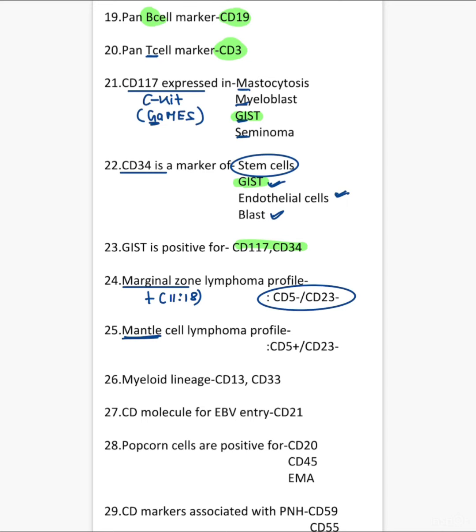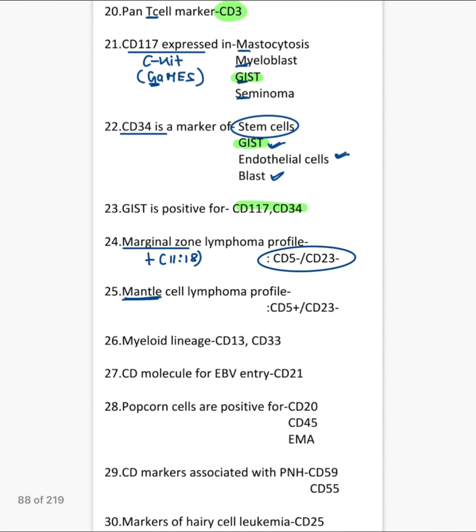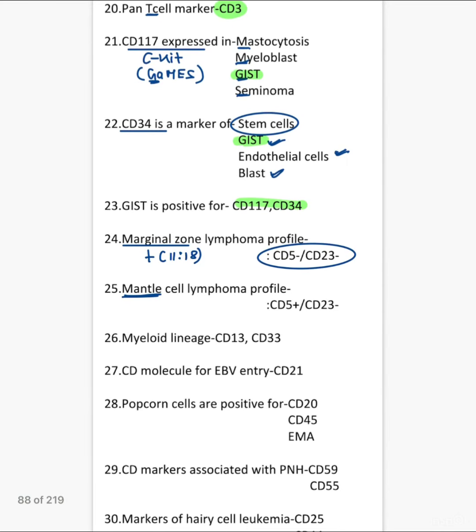Translocation 11;18, both are at the margin. I think you remember the concept. We had translocations 11;14, 14;18, 11;18. 11;14 was your mantle cell lymphoma. Okay, 14;18, friends, was for follicular, and 11;18 was for marginal, and translocation 8;14, that was for Burkitt.